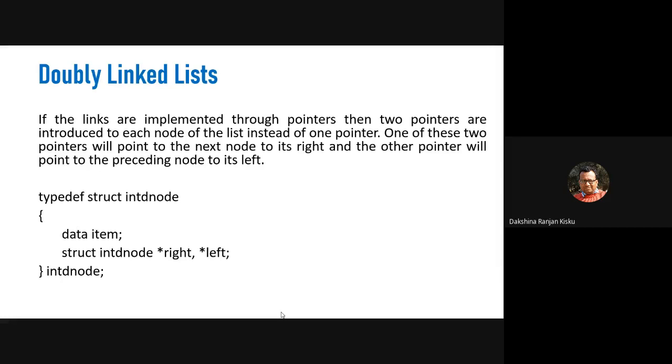Only thing is that we need to add one more pointer, that is the left pointer. Right pointer was already there for a singly linked list, as next. So here we are only adding the left pointer. This structure definition will be similar to the self-referential structure for the singly linked list. Even when we create the doubly linked list, only minimal improvement we need to make in the function definition.